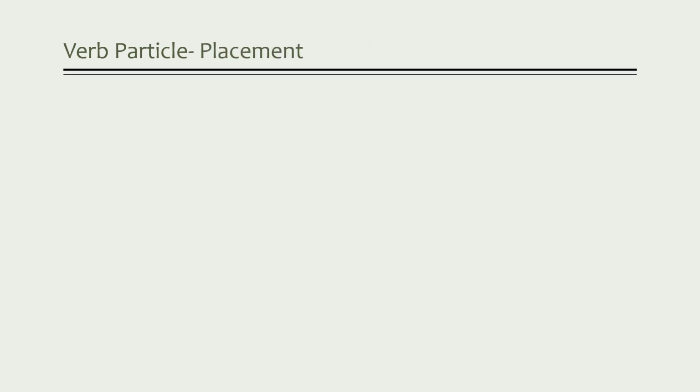Now let me show you where to put the must particle in both an affirmative and negative sentence. We'll start with this simple statement, I must go to the store. Here the main verb is go and the helping verb is must. And in English, must comes before the main verb, must go.